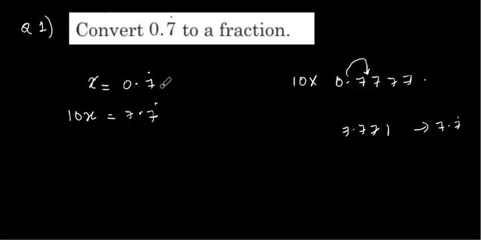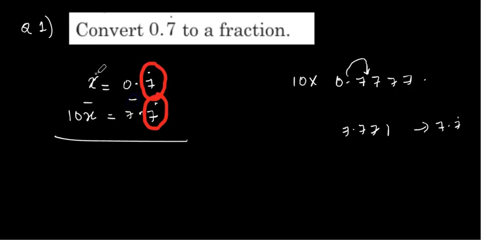Now you can see that both these parts have the same recurring part, so you can subtract them directly. 10x minus x gives me 9x, and 7.7 dot minus 0.7 dot gives me just 7, because the decimal parts cancel and you're just subtracting the whole parts. So we can solve for x: x is equal to 7 over 9.